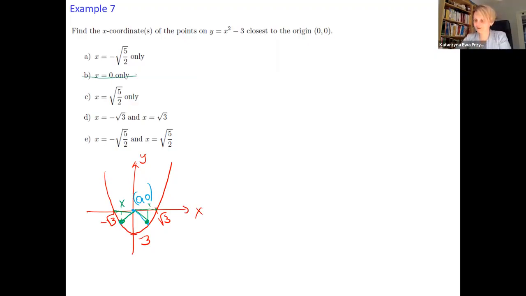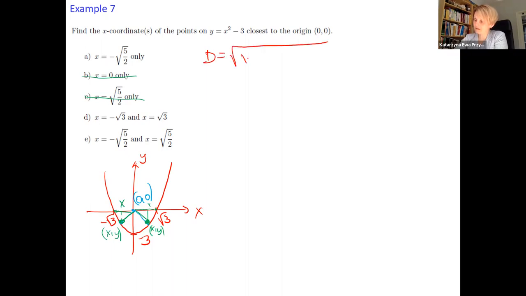This is not a good answer and this is not a good answer. Since the parabola is an even function, it's symmetric with respect to y. Let's name the point (x, y) and follow the same approach: we will minimize the distance.